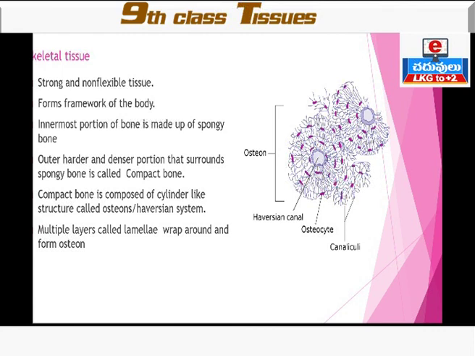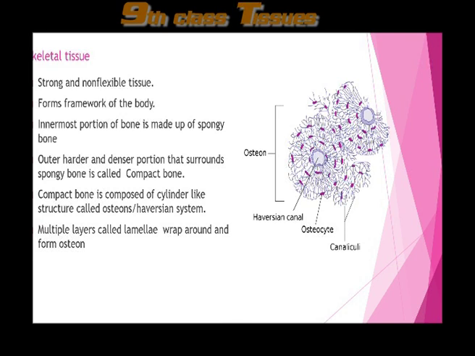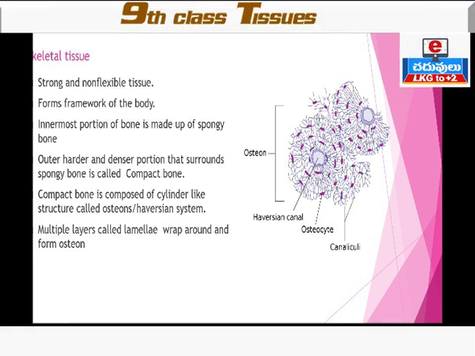Now let us learn about the tissue of which this skeletal system is made. The tissue is known as skeletal tissue and it is a very strong and non-flexible tissue. We cannot break a bone very easily or bend a bone very easily. That means it is non-flexible in nature.